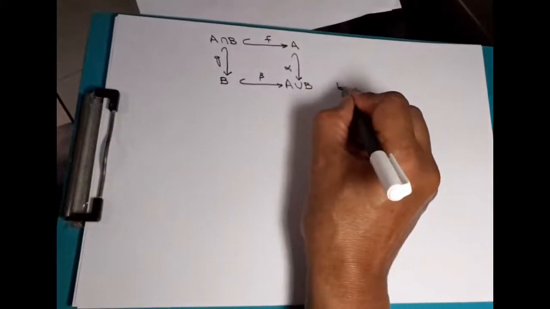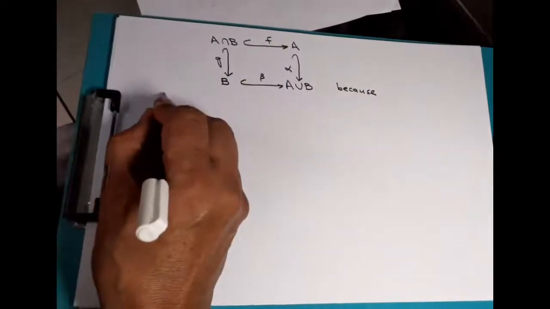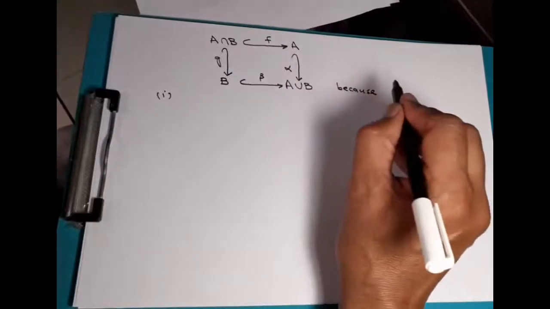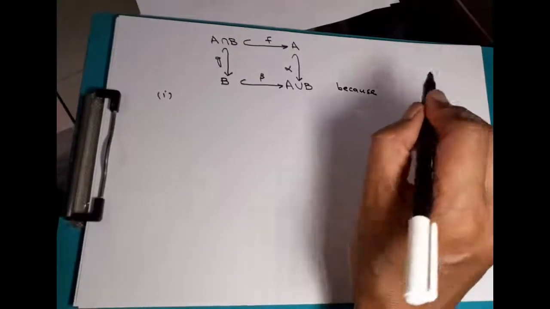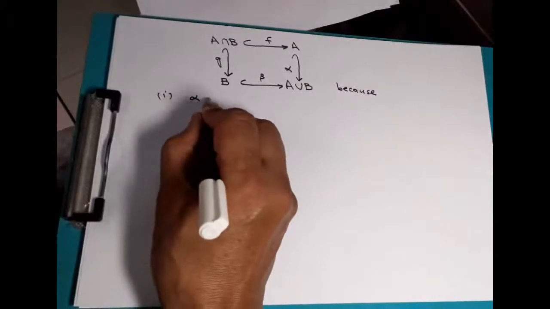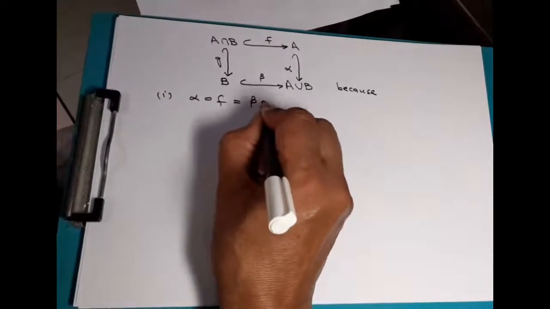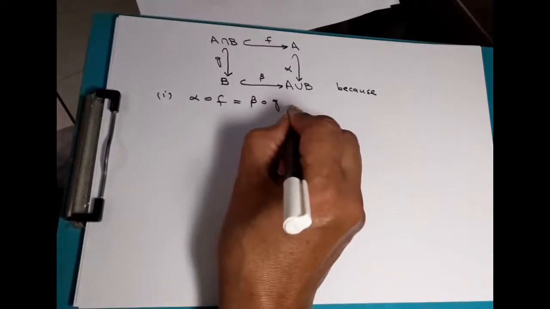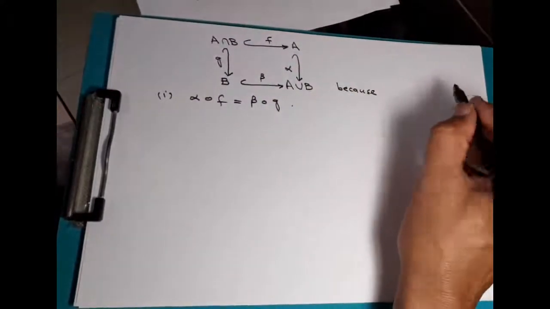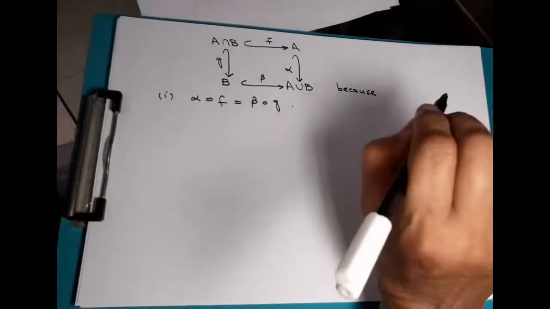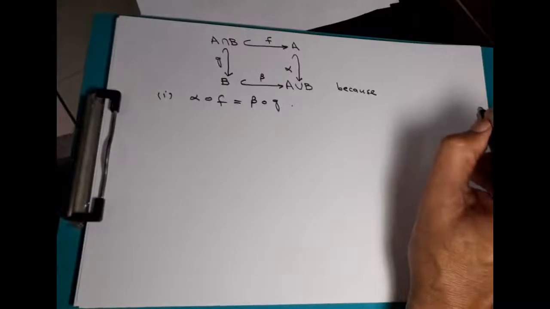Because you can very easily see that alpha composed with F is equal to beta composed with G. This is very simple to see because F, G, alpha and beta are just inclusion maps. So alpha composed with F is equal to beta composed with G.